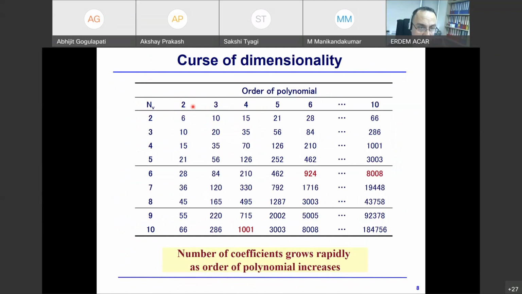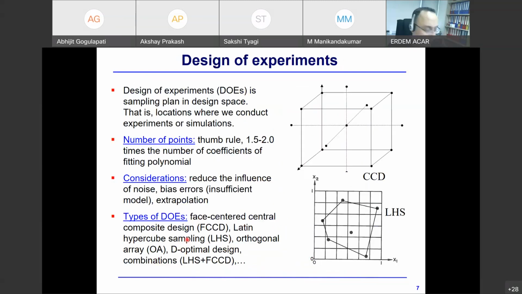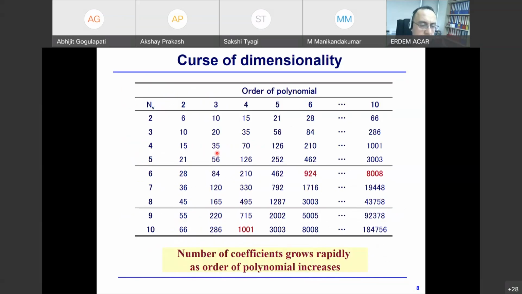If you use a second order polynomial, then you have 66 coefficients. Remember the rule of thumb: the number of data points should be 1.5 to 2 times the number of coefficients. If we apply this rule, we need to generate at least 100 data points. That is 100 finite element simulations.